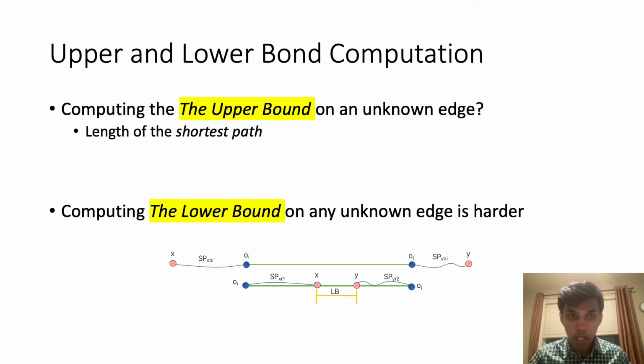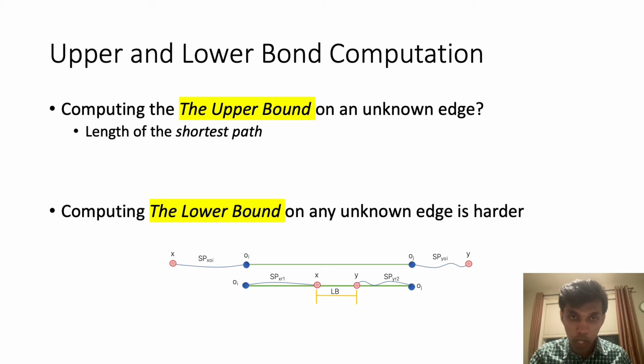Here you need to find the lower bound for the unknown edge xy. So let's say there is a known edge OI, OJ in the graph, which you see in the middle, represented by a green edge. You find the shortest path from x to one of the known endpoints, and from the other known endpoint, you have to find the shortest path to the other endpoint of the unknown edge.